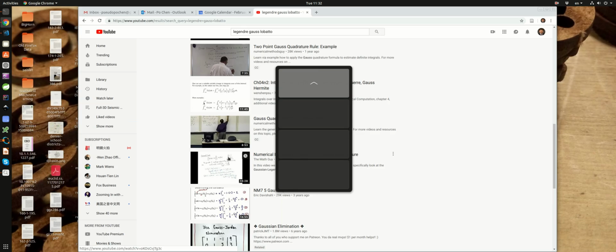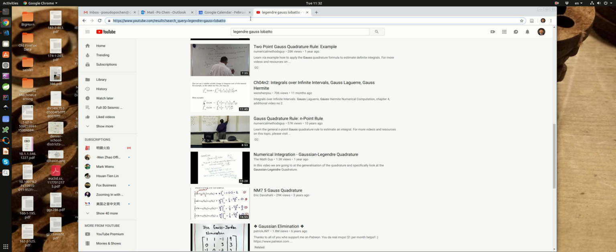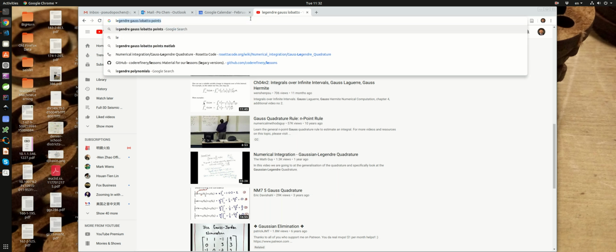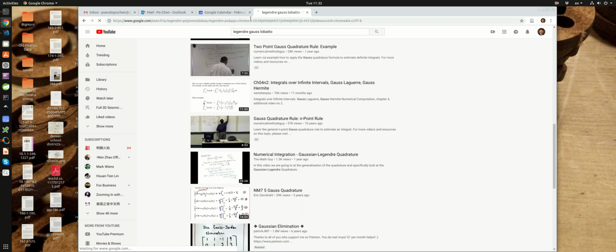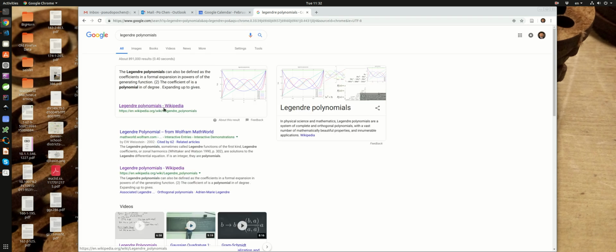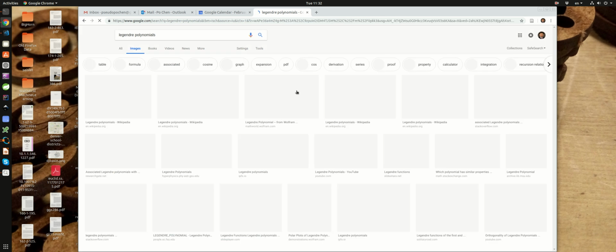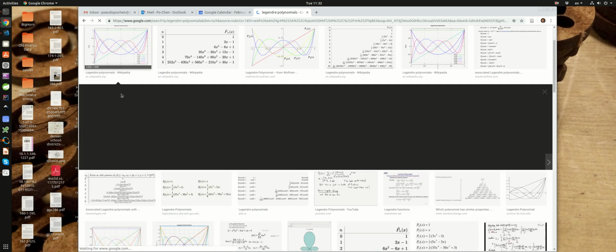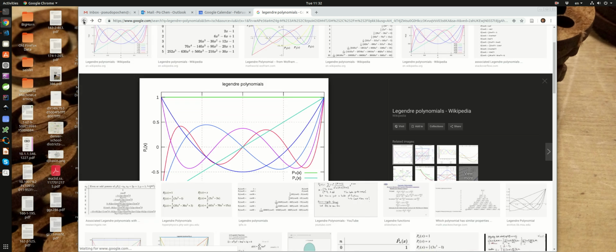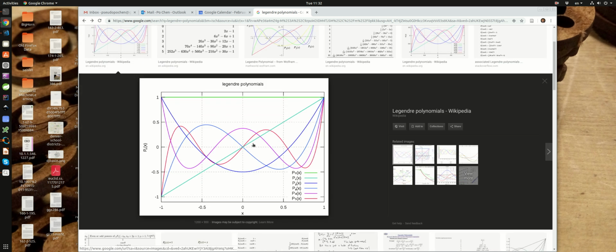It's supposed to be identical to Lagrange polynomials. If I look at the Wikipedia, it's supposed to give me the same kind of figure. So if I just look at that, is that similar? I think so, right? Okay.